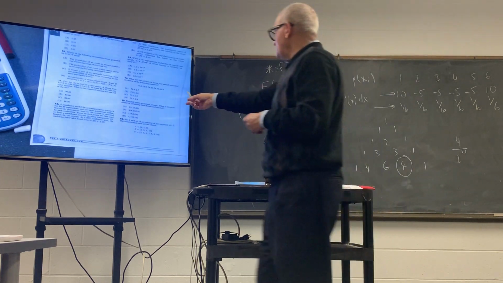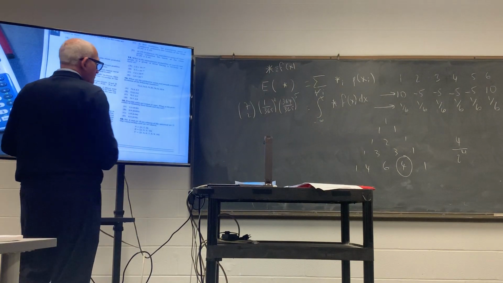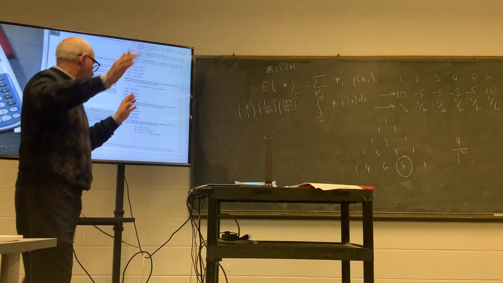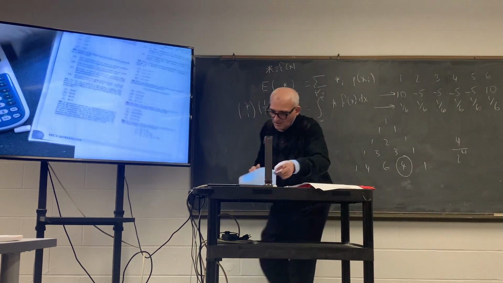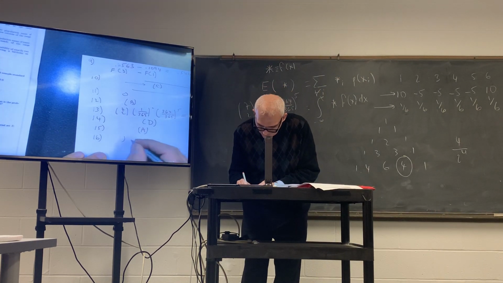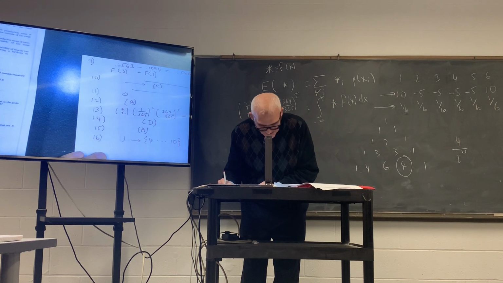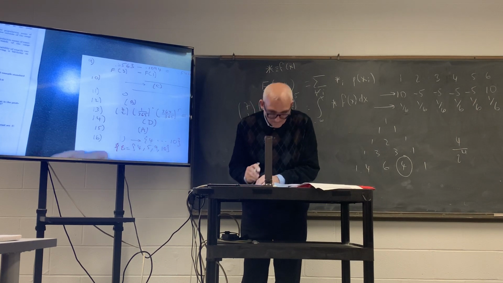Okay, sets A and B are subsets of universal set U. So U has values from 4 to 10. Let me write them down. So U is 4 through 10. A is 4, 7, 9. B is 4, 5, 9, and 10.